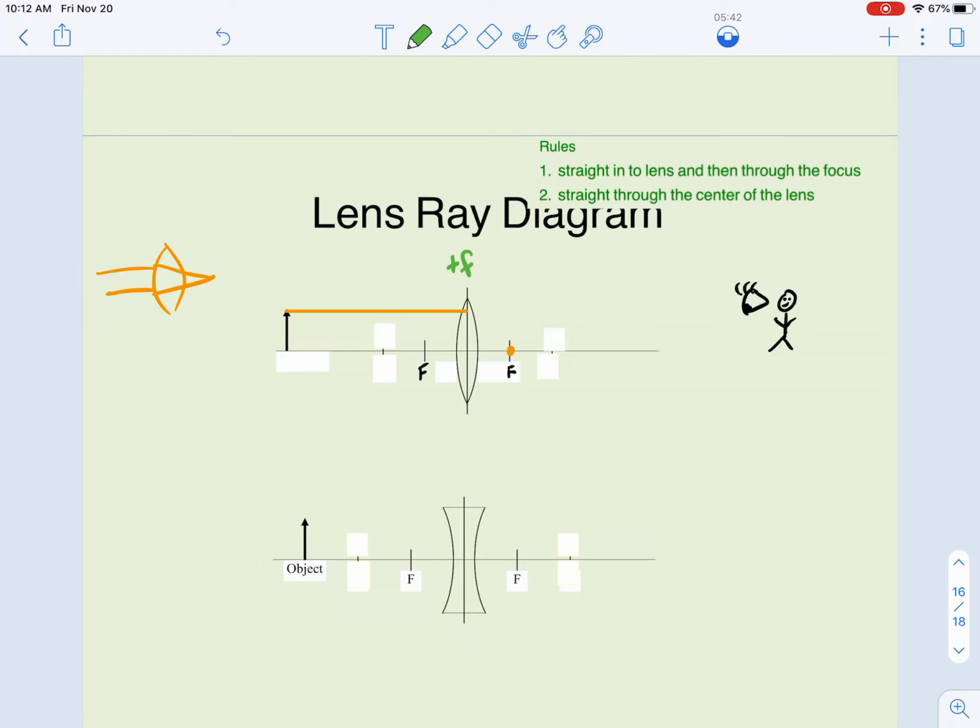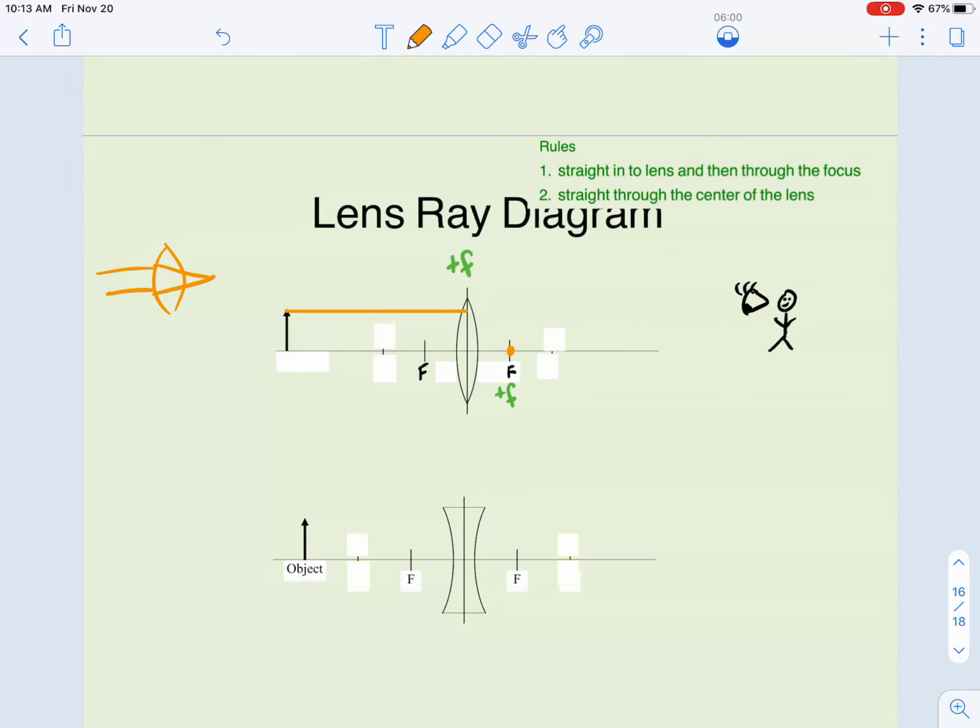So this is converging light rays, which means that we are going to have a positive focus value. So when we say that we're using this focal point, this is the positive side of our diagram.